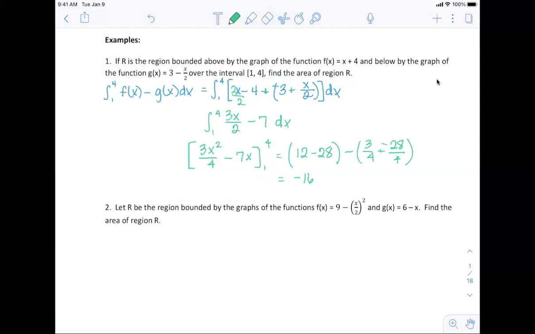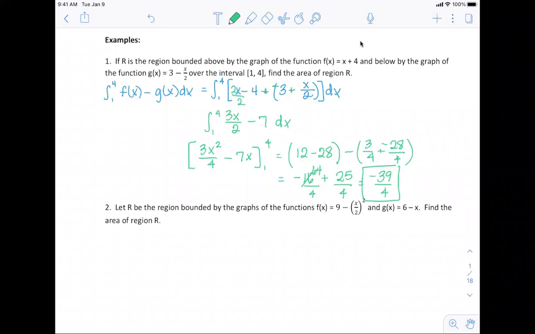Inside here, we get minus negative, so it'll be plus 25 over 4. 16 is 64 over 4. So when we add that together, I believe we get negative 39 over 4. Let me double check that with my calculator. And that is what I'm getting with my calculator.